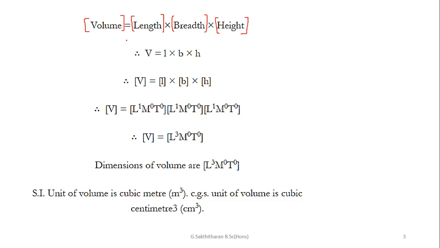So here these three are lengths, L into L into L. So three capital L's. So here we can get L cube. So dimension of the volume equals L cube.